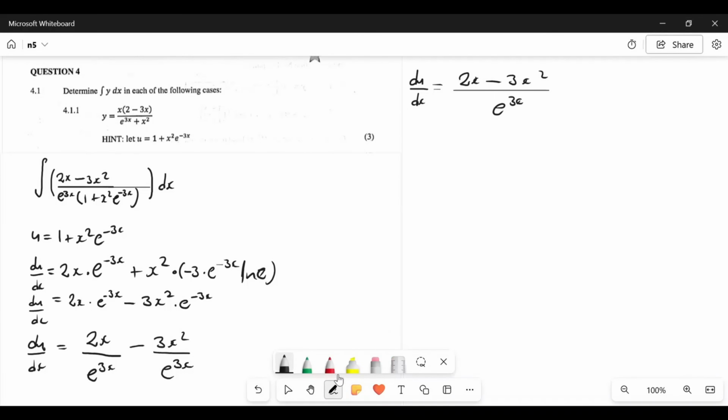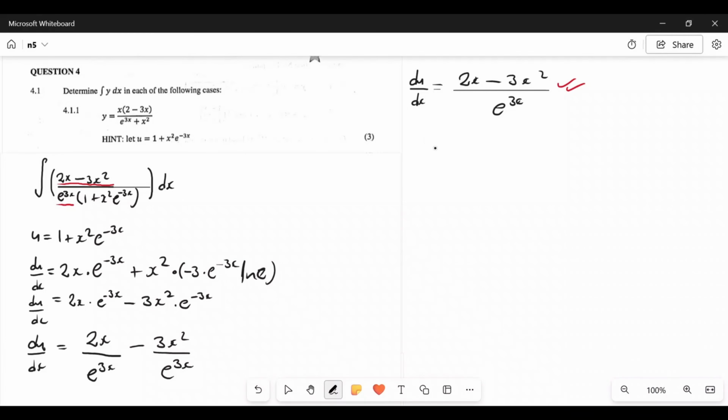So if you pay attention to this whole thing here, you will see that in our formula, we actually do have that derivative there. There we have 2x minus 3x squared divided by e to the power of 3x. But this time around, it is multiplied by 1 plus x squared multiplied by e to the power of negative 3x. So how are we going to substitute that?